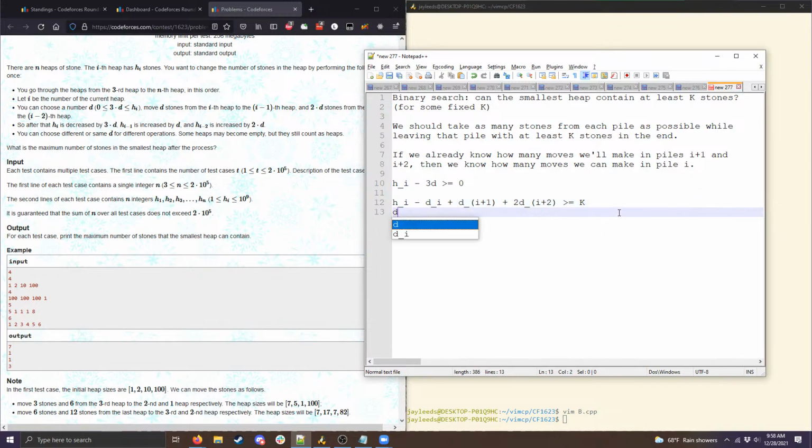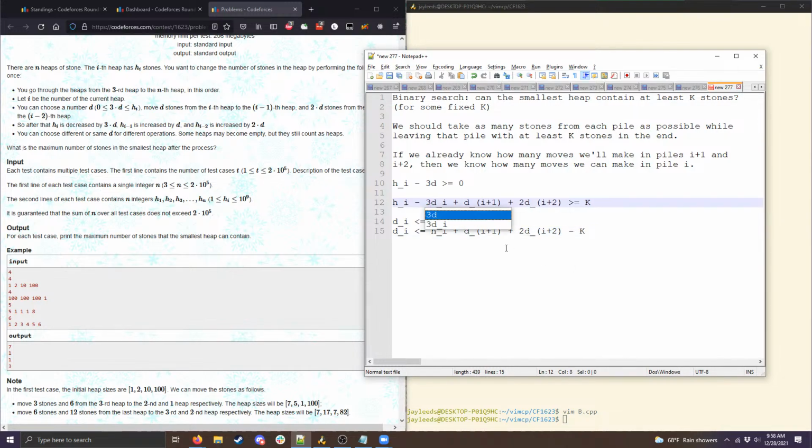So d_i has to be less than or equal to h_i over 3, and d_i has to be less than or equal to (h_i plus d_{i+1} plus 2d_{i+2} minus k) over 3. We can take whichever of these two upper bounds is smaller, and that's the number of moves we're going to make at position i. Oh yes, this should be a 3d_i, and so this should also be divided by 3.